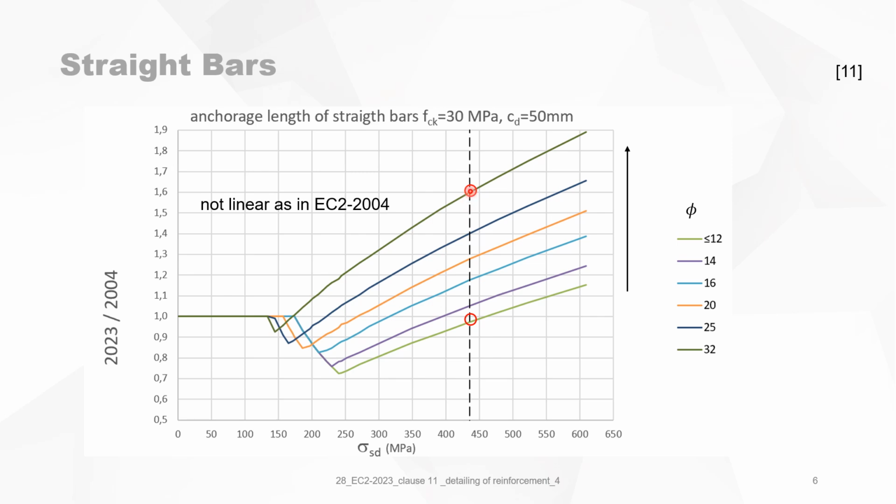You will see that for a bar diameter 32, you have 60% more, and for a bar diameter 12 and less, it's almost equal. For full yielding of the anchorage bar, full yielding meaning 435 megapascal. So take care of this, that you know that you need huge anchorage lengths.